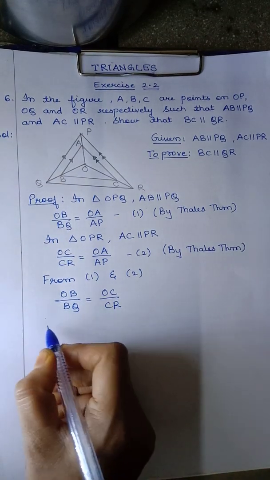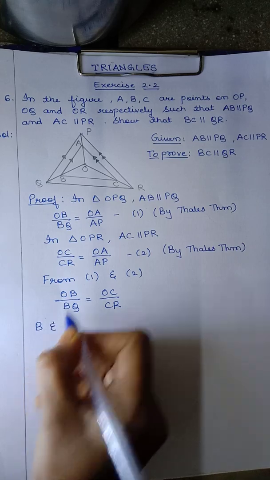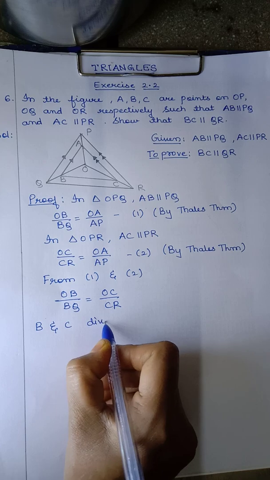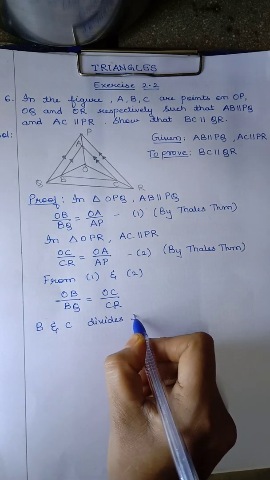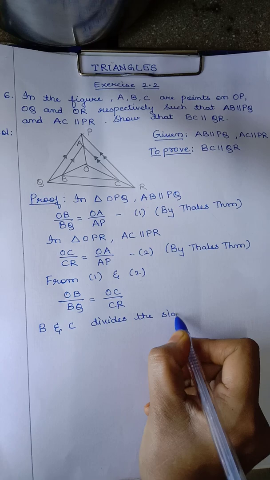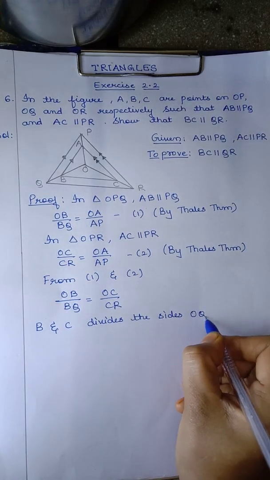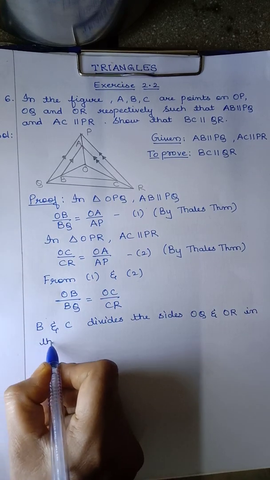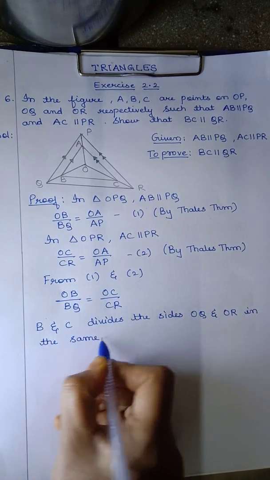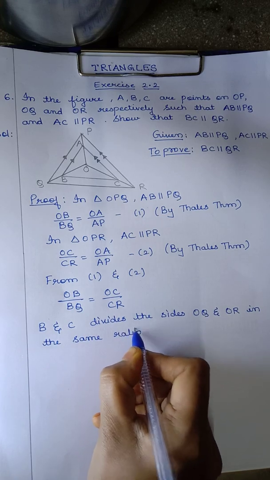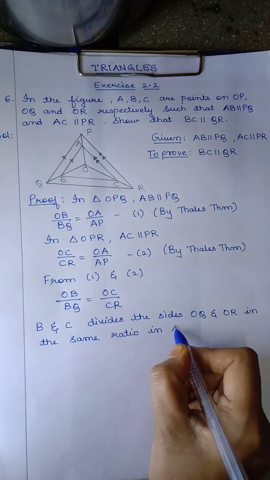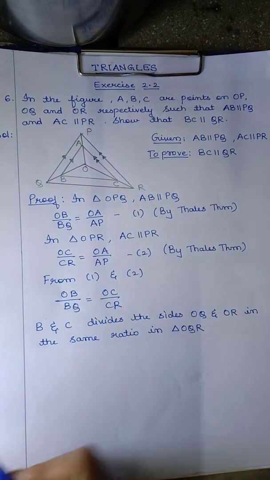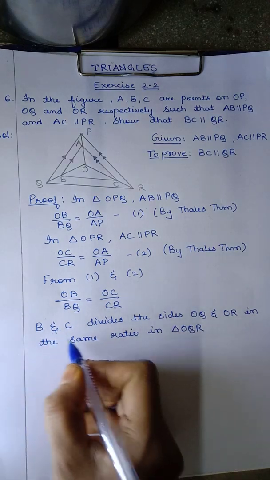So you have to write: the points B and C divide the sides OQ and OR in the same ratio, in triangle OQR.